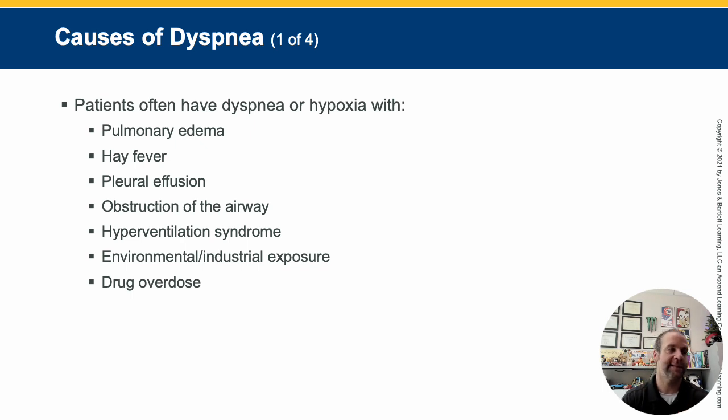We must also consider environmental or industrial exposure, like chlorine or ammonia inhalation, and drug overdose, especially those involving opioids, which can really suppress the respiratory drive and lead to life-threatening hypoventilation. Each of these conditions affects respirations in different ways, and as an EMT, it's your job to recognize which might be in play and respond accordingly.